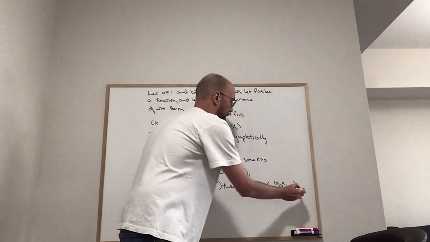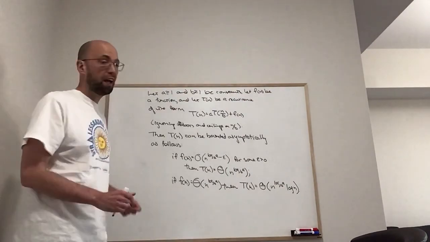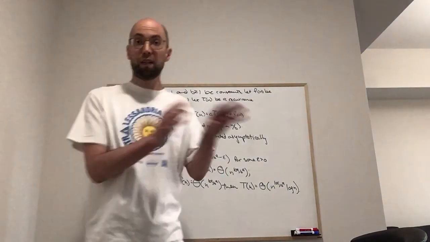So this is saying the cost of the cutting and the gluing is balanced against the cost of the recursion.